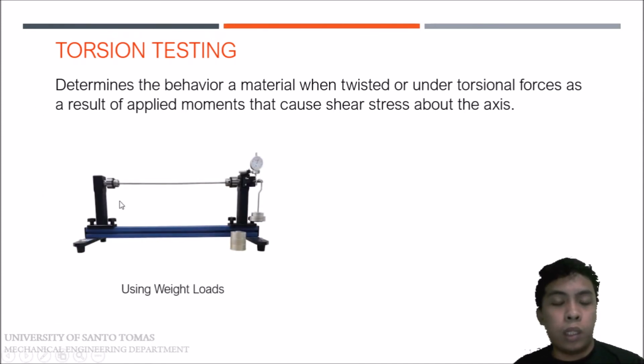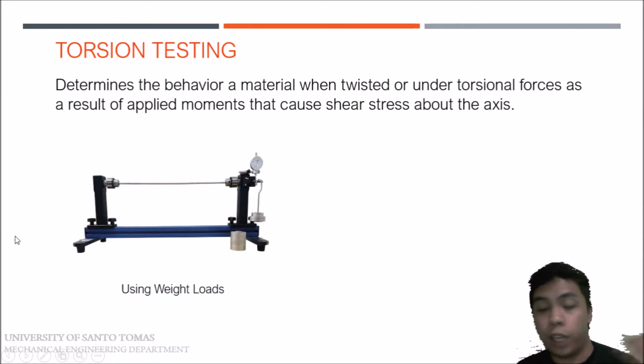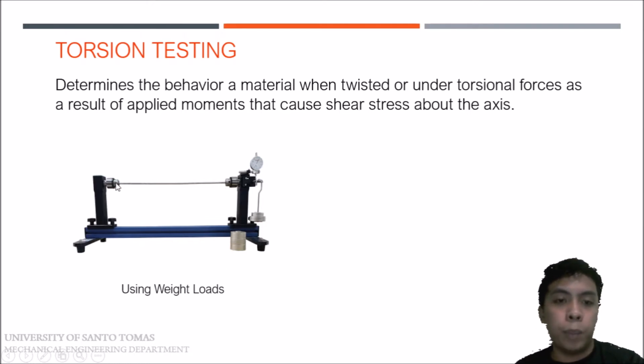So the equipment na usually ginagamit din dito is the same lang din doon sa flexural or the bending test. We have these two-collet chuck that holds the piece metal, pero sa halip na yung load natin is nilalagay sa gitna, nilalagay natin siya dito sa dulo. Because itong chuck natin is movable.